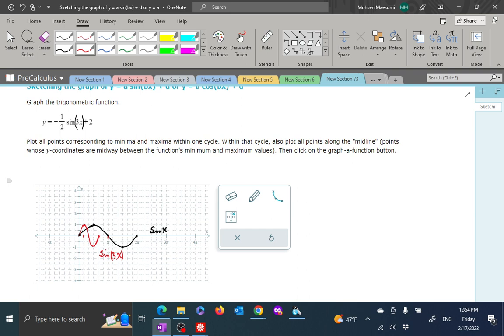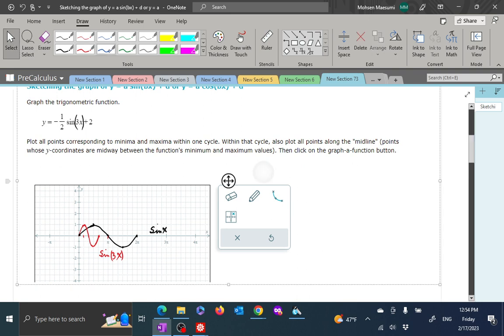Now, multiply by minus 1/2. That means 1/2 shorter and flipped upside down. So it's going to look very crowded here, but zeros are just going to be 0. When you multiply by any number, they just stay 0.